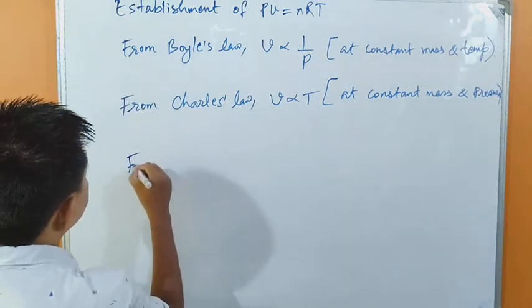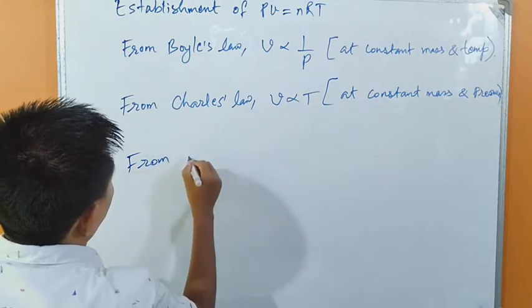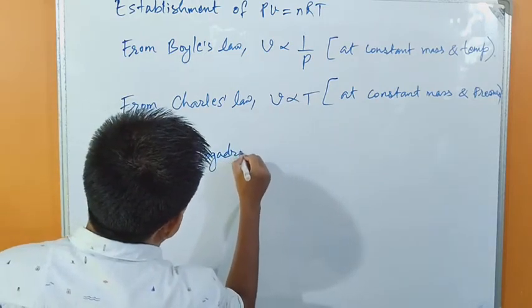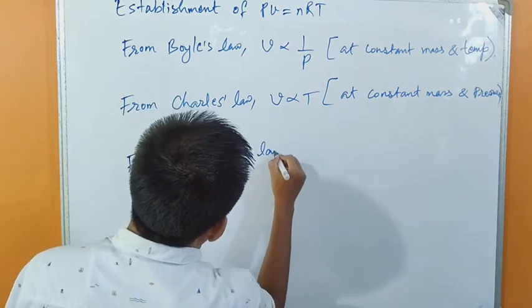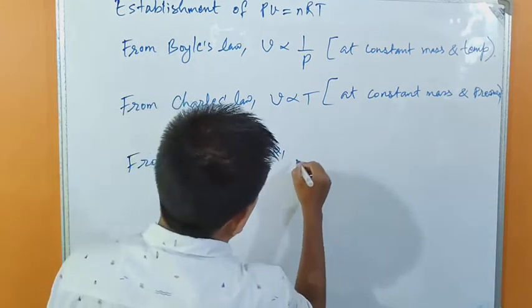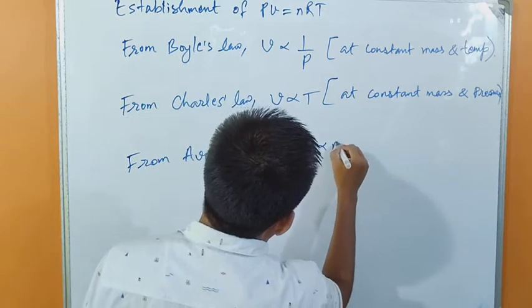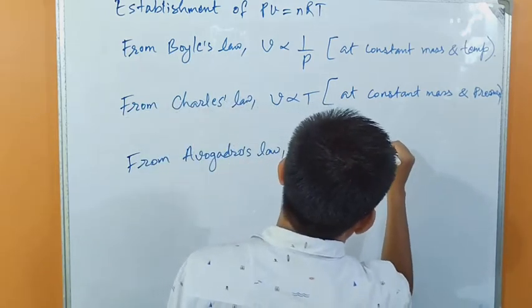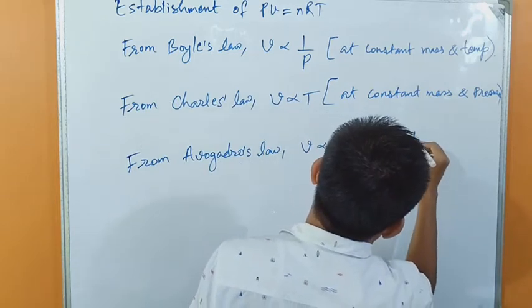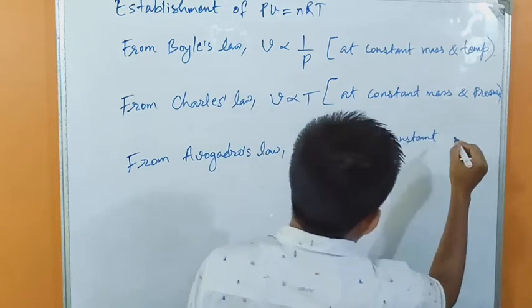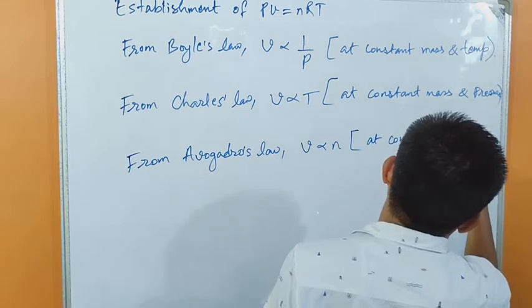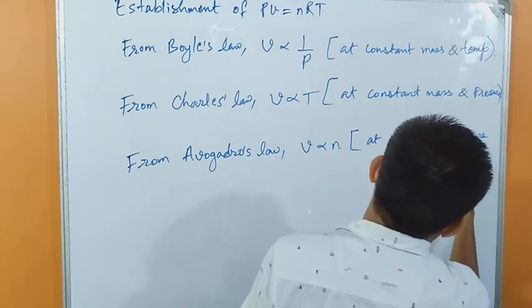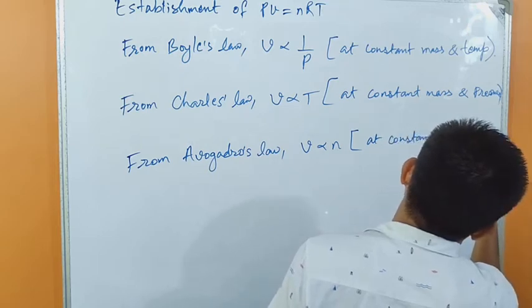From Avogadro's law, we have volume is directly proportional to the number of molecules of gas at constant pressure and temperature.